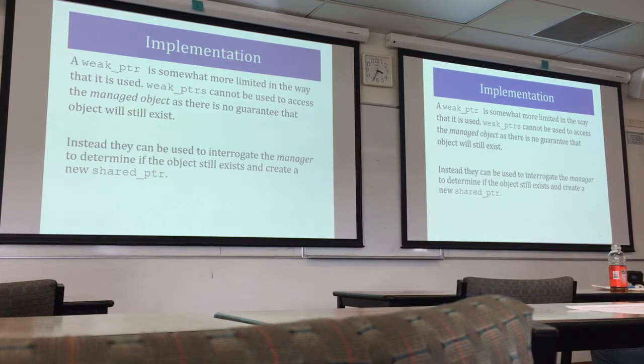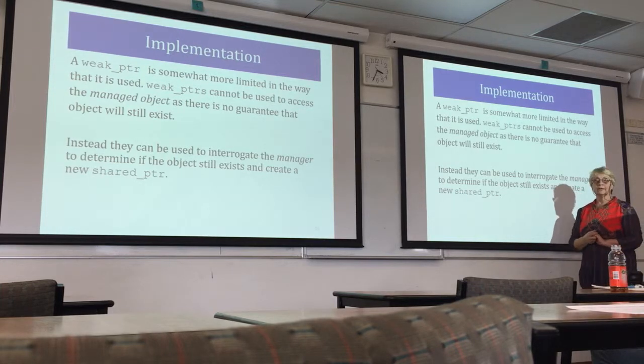The weak pointer does not own the object, and cannot be used to access the managed object, as the object to which the shared pointer was pointing might not exist.